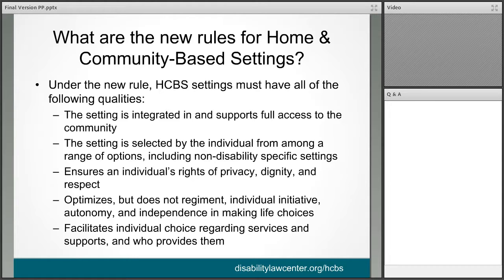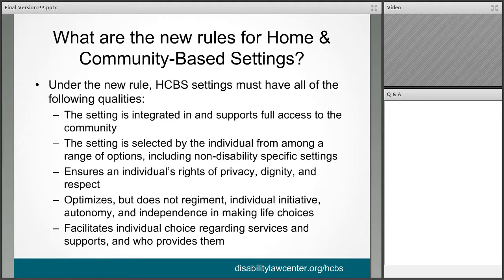So under the new rule, to qualify as a home and community-based setting, the setting must be able to demonstrate the following 5 qualities, and we will go over those one by one. So the setting needs to be integrated in and support full access to the community. I think the key word here is support access to the community.